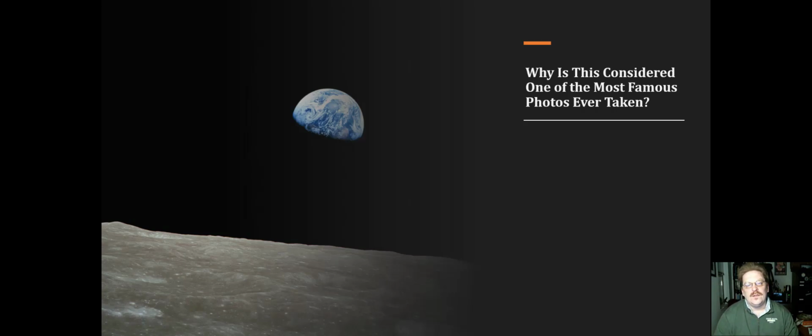Excellent. If you have not seen this picture before, it is fairly iconic. It was taken on December 24th, 1968. It was one of the photographs taken by Apollo 8, and it is affectionately known as Earthrise. Although in later lectures we're going to find that Earthrise is something of a misnomer, in the sense that the Earth does not rise and set in the traditional way on the Moon.